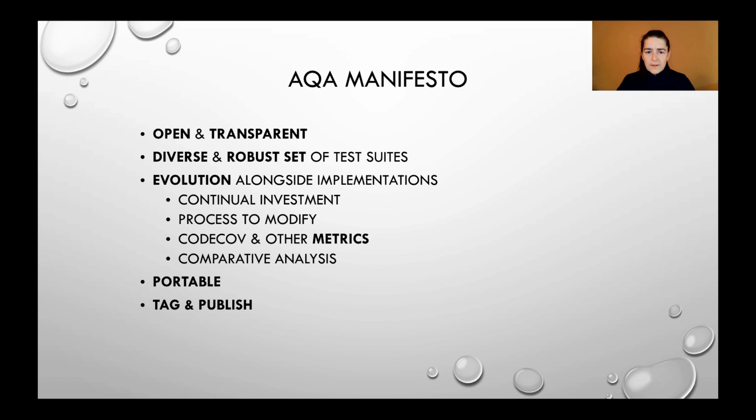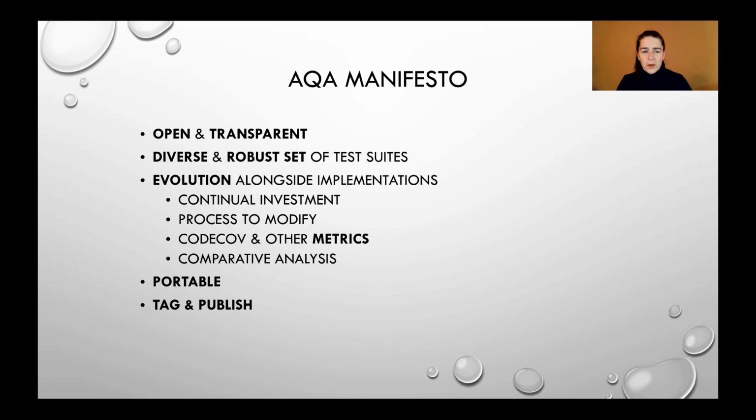And I'm going to dive into what drives the process. We have a manifesto, and it sounds maybe more important with that word than it is, but that's really just a very straightforward set of criteria that we follow as a community that ensures that whatever activity we're doing aligns with this set of goals.